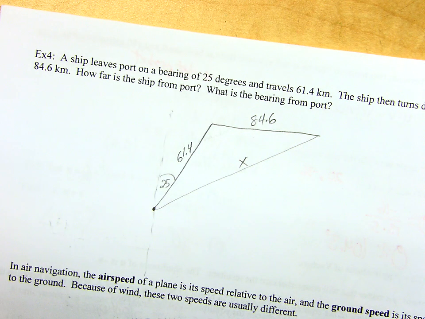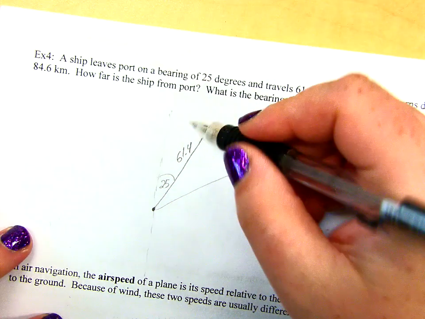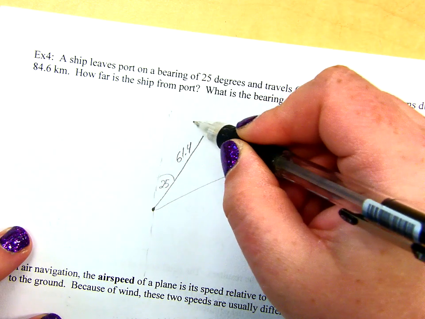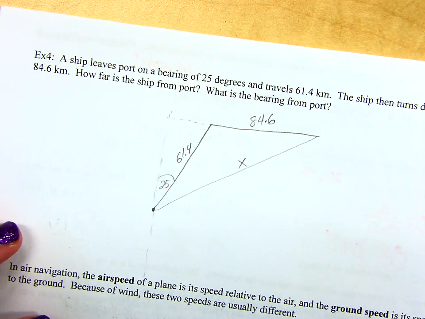Here's what you could do. Since this is due east, right? And this is north-south. Let me extend, you could do this. You could just do the Pythagorean theorem for this one. I know. I don't have a right triangle.